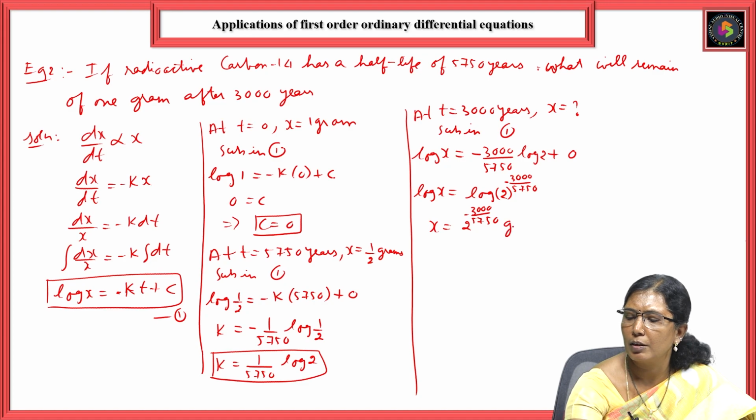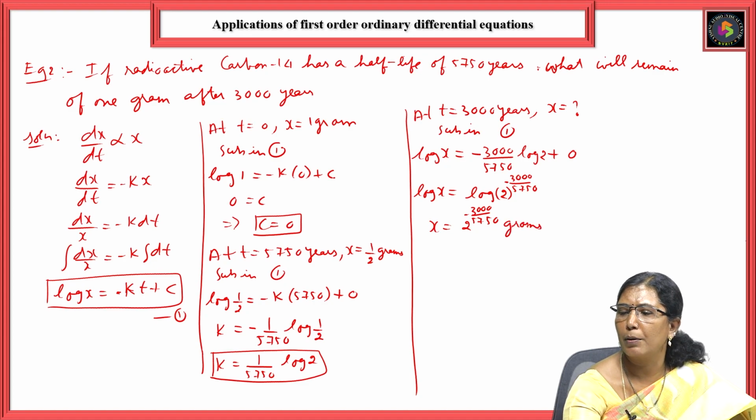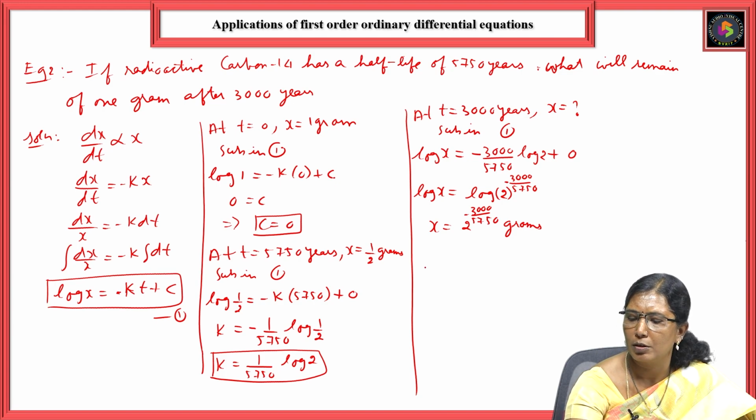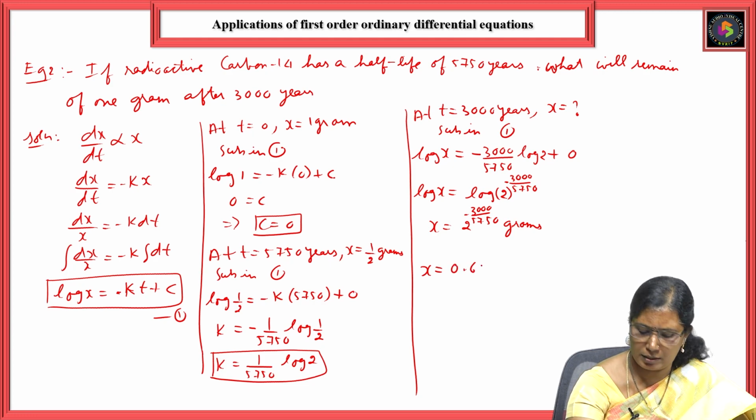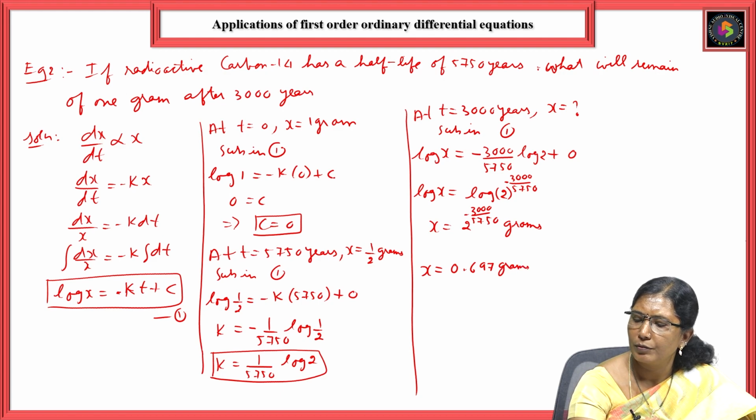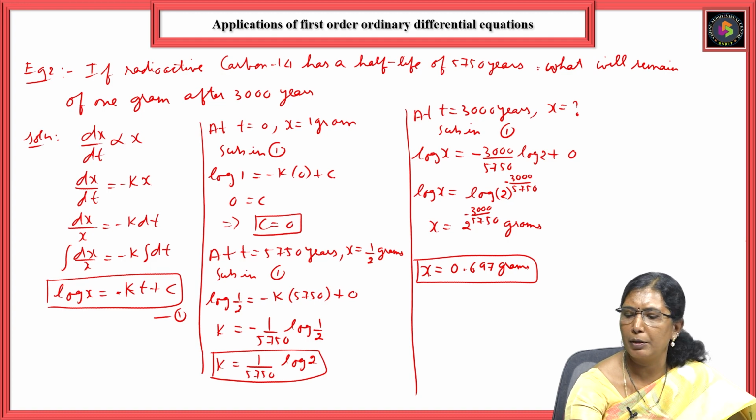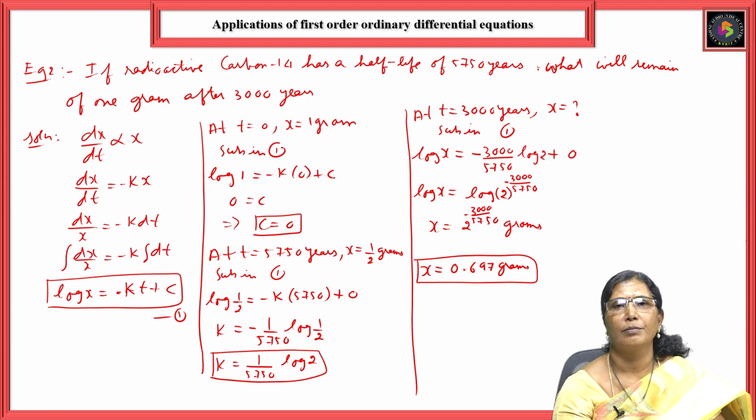This much is the grams remaining after 3000 years have passed. If you calculate using a scientific calculator, we get 0.697 grams. So from 1 gram, the amount that remains is 0.697 grams after 3000 years. So this is the answer.